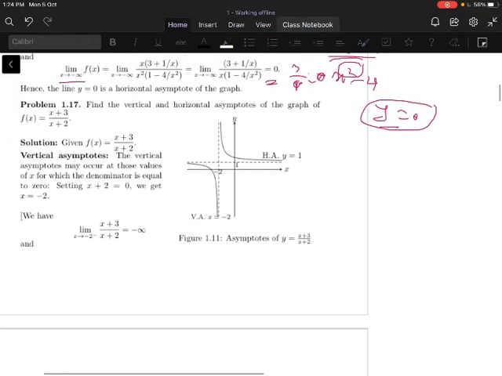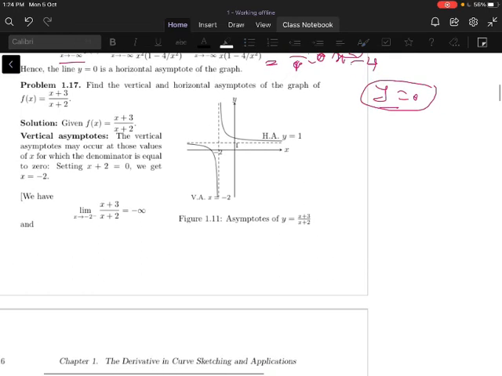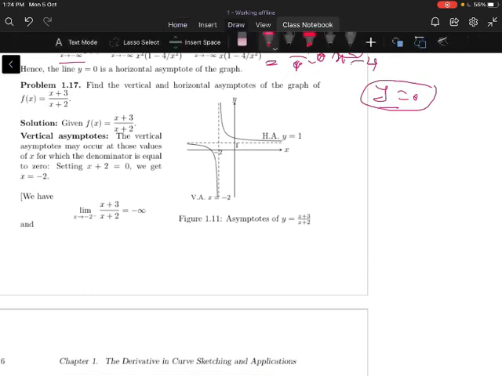Let us take another example. Find the vertical and horizontal asymptotes of the graph (x + 1)/(x + 2). It being a rational function, one can get the asymptotes here. To find vertical asymptotes, what to do?